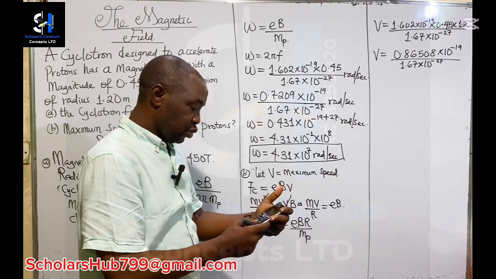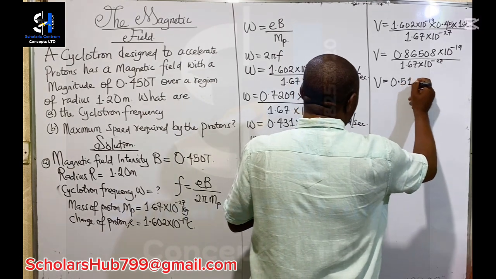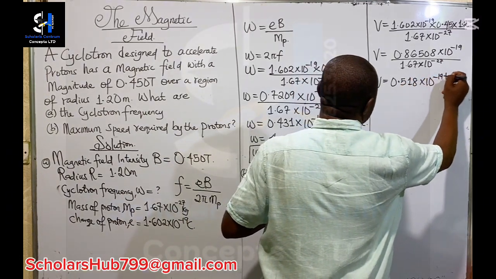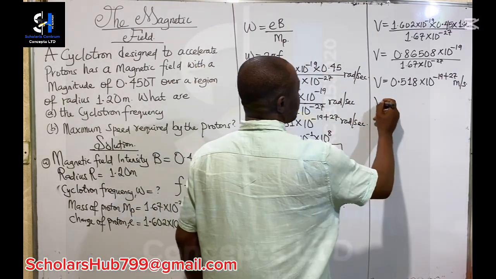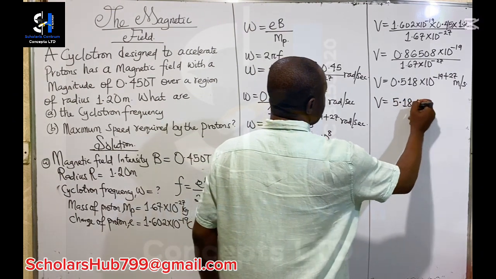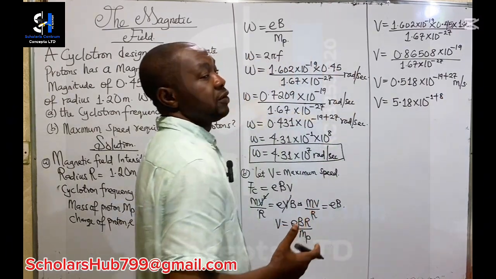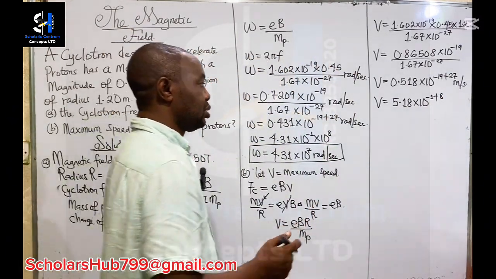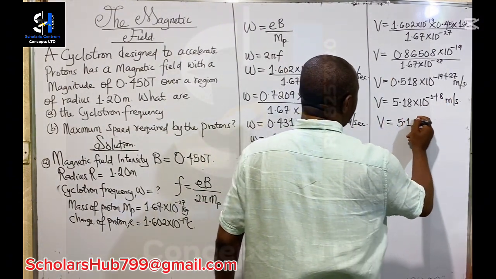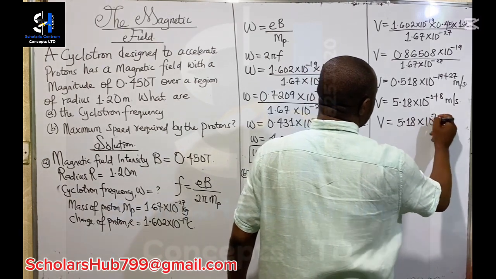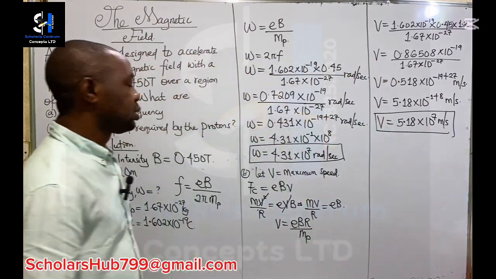When we do that, we have V equal to 0.518 times 10 raised to the power of minus 19 plus 27. The unit of this is meters per second. So this becomes 5.18 times 10 raised to the power of minus 1 plus 8, because 27 minus 19 is 8. So minus 1 plus 8, in meters per second. So the velocity will be 5.18 times 10 raised to the power of 7 meters per second. So this is the maximum speed required by the proton.